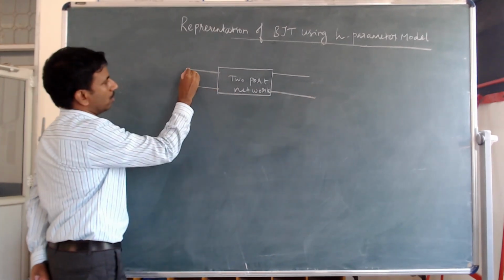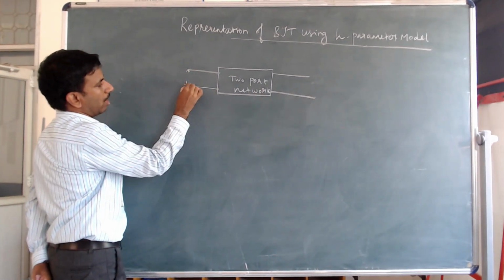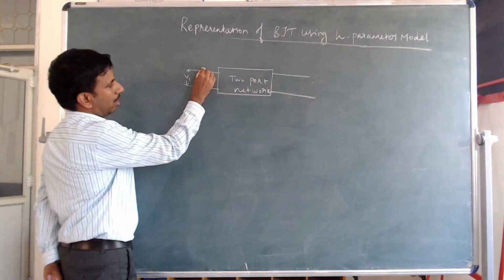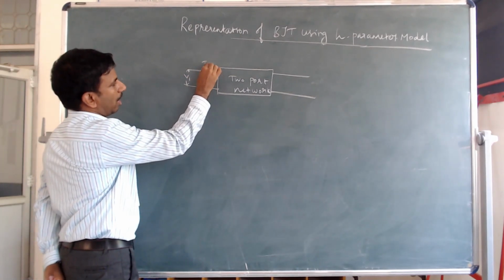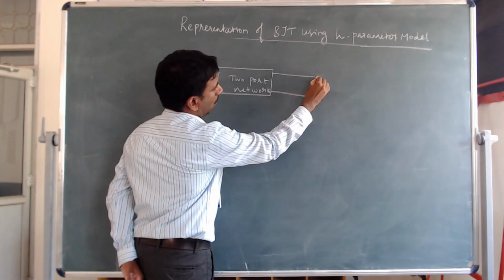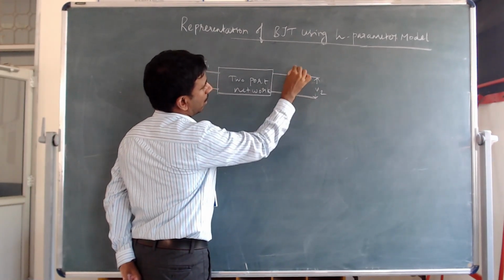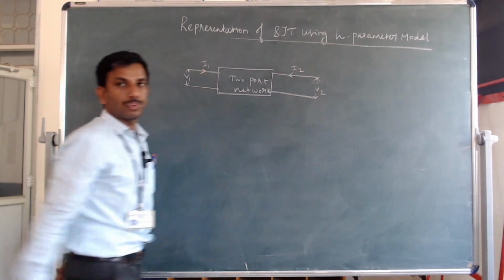The input voltage given to the two-port network is marked as V1, the input current is taken as I1, the output voltage is taken as V2, and the current is represented as I2.